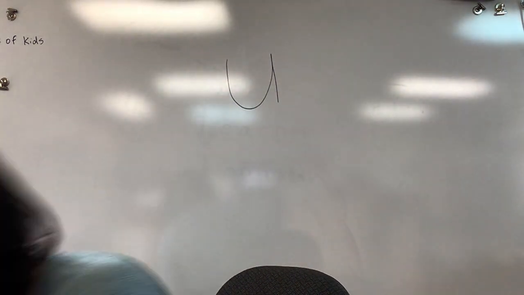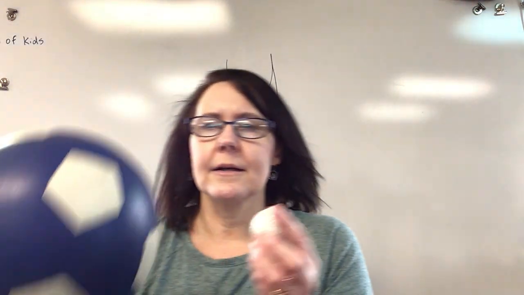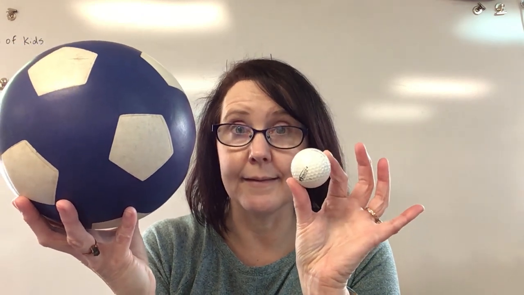All right, so this is one type of ball, and I have some other balls too. Here's another ball. Is this ball smaller than the soccer ball or bigger? It's smaller, isn't it? It's pretty small. This one is much bigger. And this one is much smaller.